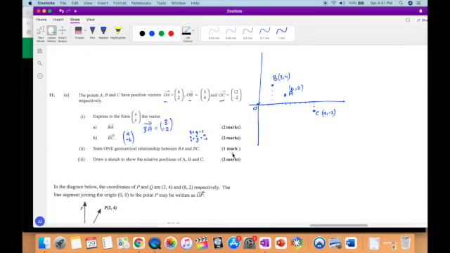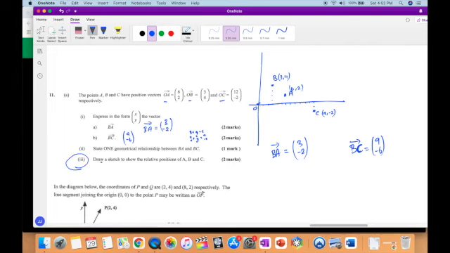State one geometrical relationship between BA and BC. So let's see. BA is 3, negative 2. BC is 9, negative 6.